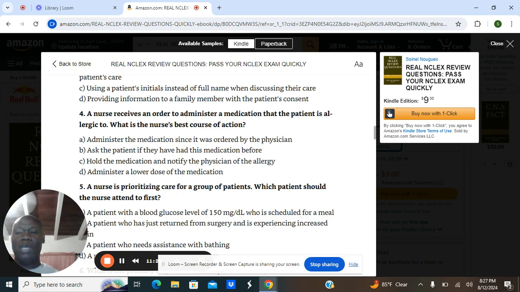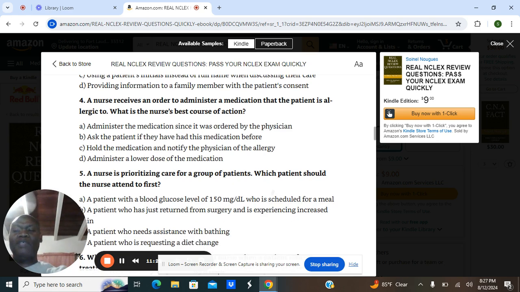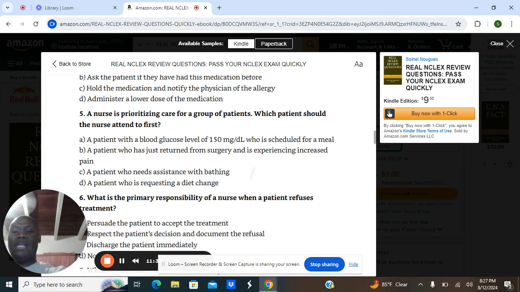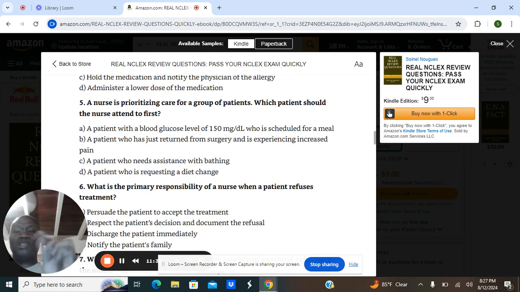Very important. Question number 5, which is the last question. A nurse is prioritizing care for a group of patients. Which patient should the nurse attend to first? That's priority. Make sure you know that. Let's see which patient the nurse must care for first. A, a patient with a blood glucose level of 150 milligrams who is scheduled for a meal.